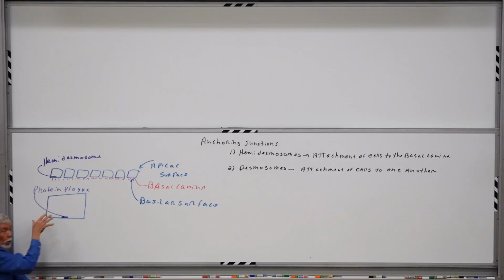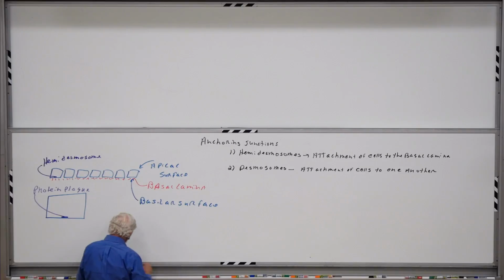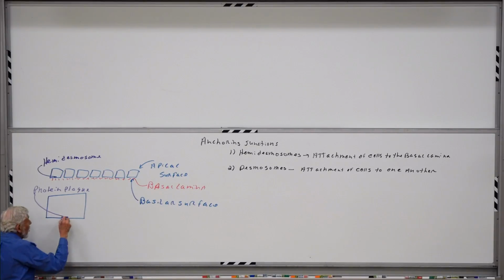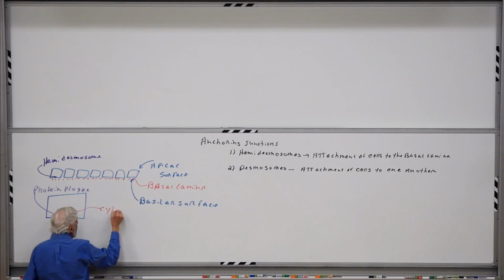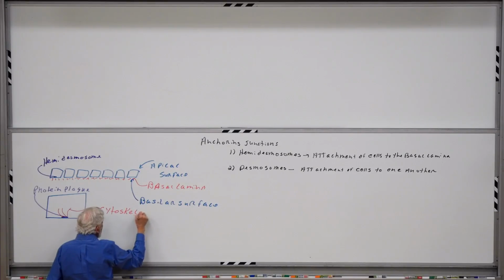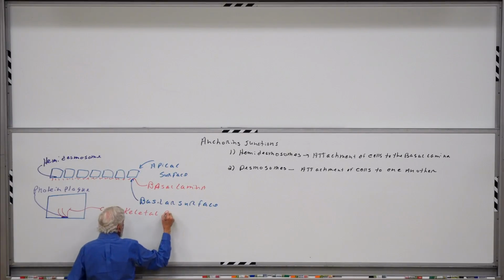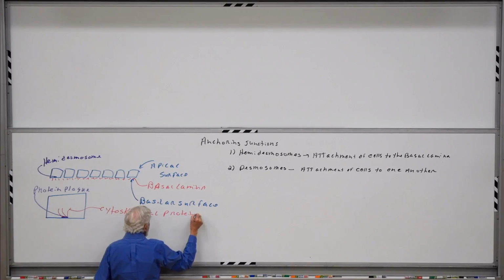There's some 30 different proteins in here, and if you get into a cell biology course, you'll get down into the weeds and talk about all the different proteins in the protein plaque. Some of them are regulatory, some of them are anchoring proteins, but we're just going to say there's a protein plaque. Then that protein plaque contains sites where these intracellular cytoskeletal proteins attach.